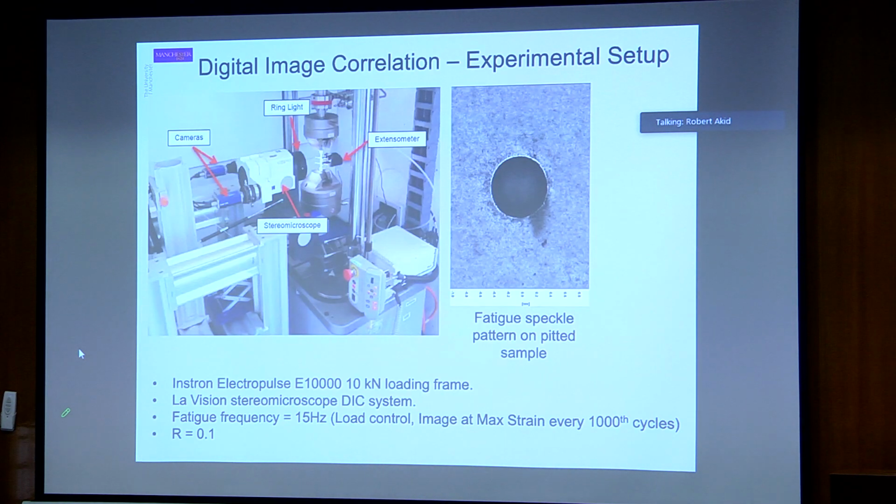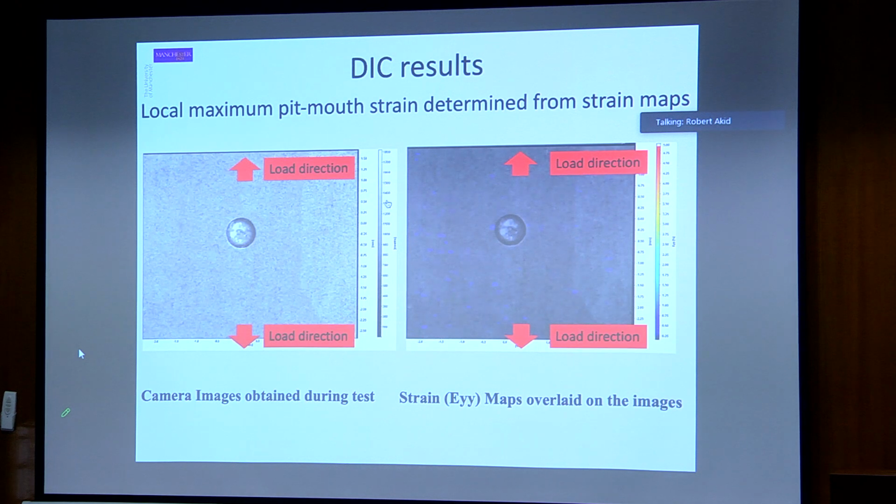What I should mention is that we take a camera image of the surface, and then we fatigue cycle for a set number of cycles, and then we take a second image and we superimpose those two images to look for any displacement on the surface, and that's what generates our strain map. I'm just going to speed this up.